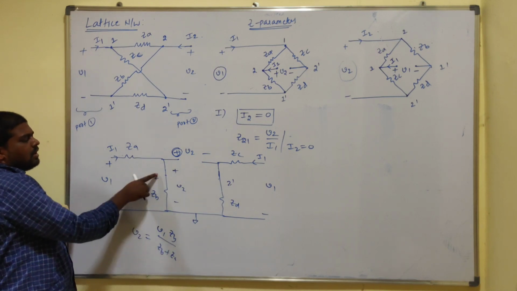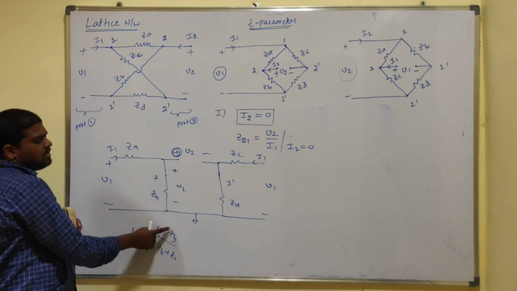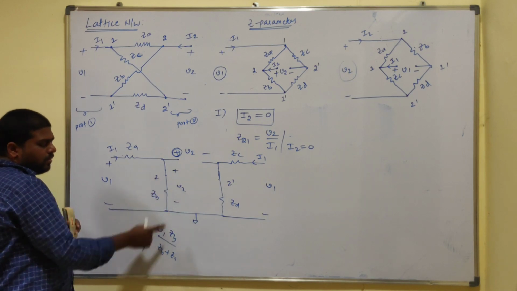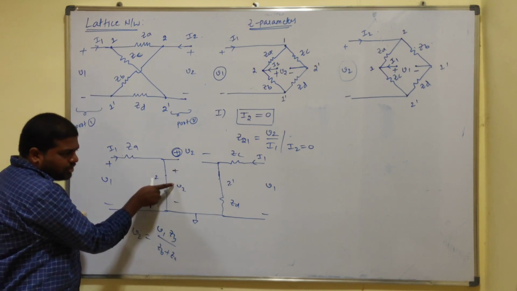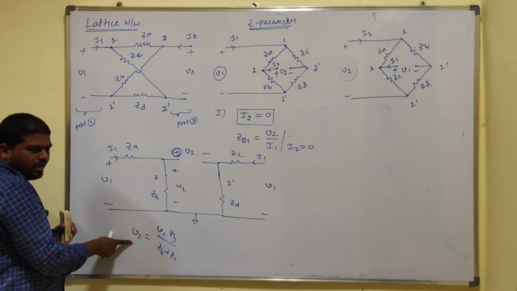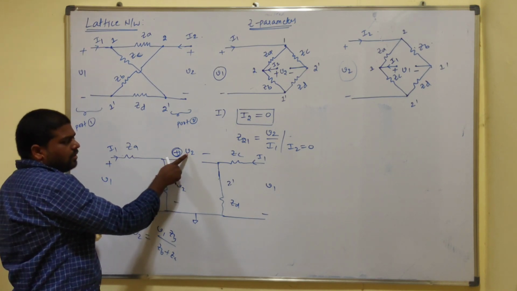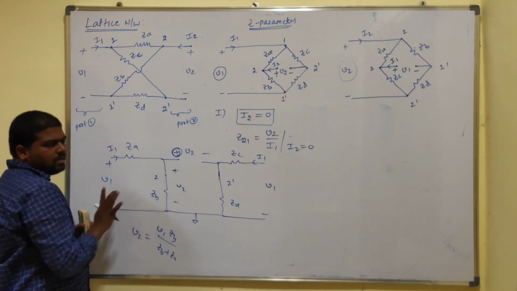That means the voltage drop across this resistance is the voltage drop across the total, into this resistance value by total resistance, right? If the voltage drop is like this, then this is the valid formula. But here we don't have the voltage drop like this, right? Only the positive terminal is there, that's it, right?